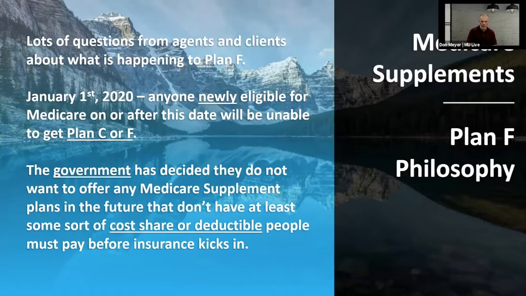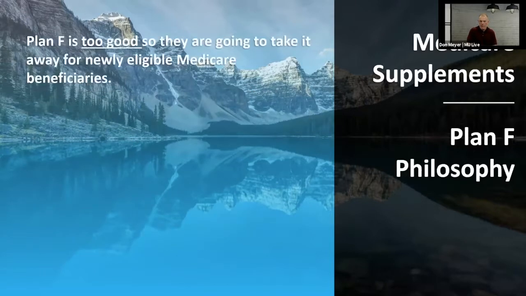The government has decided that they do not want to offer any Medicare supplement plans in the future that don't have at least some sort of a cost share or deductible that people must pay before the insurance kicks in. So basically what they're saying is, Plan F is too good. So they're going to take it away for newly eligible Medicare beneficiaries.